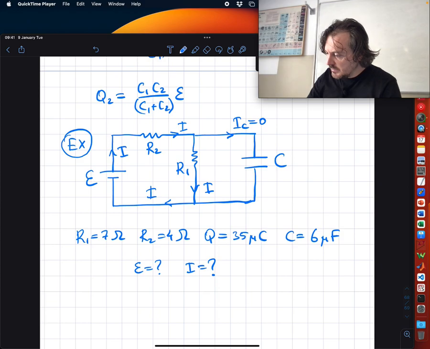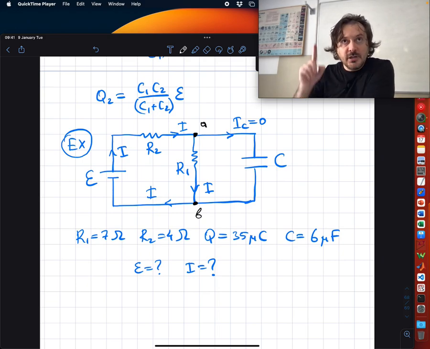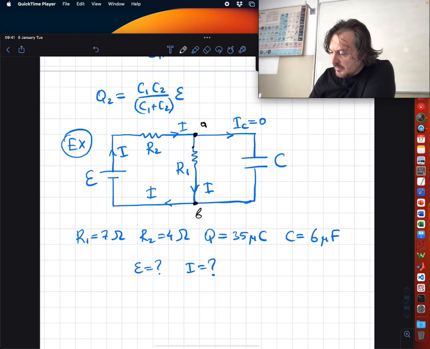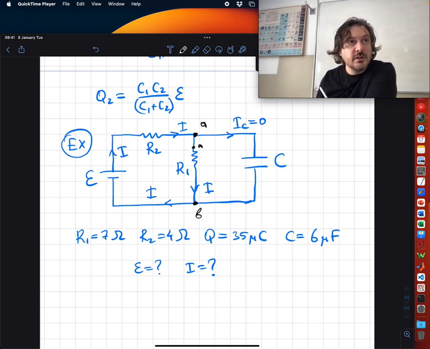okay, let me give you another question. If I have point A here and point B here, as I said, it's a very powerful thing. So do you agree that this also has potential A at that point because there was nothing in between?